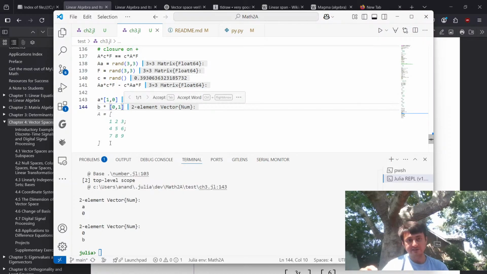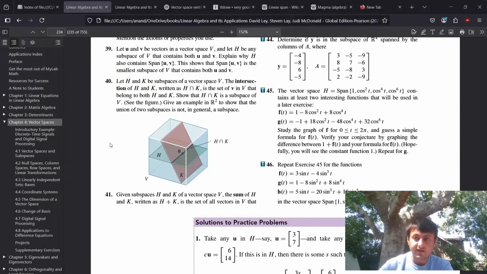If we take their union, we have 0, but we don't have closure. So this is not closed under plus, because if you take a equal to b equal to 1, then you get (1, 0) plus (0, 1), which is not in the union of, let's call these, what do they normally name these? Oh, H and K.